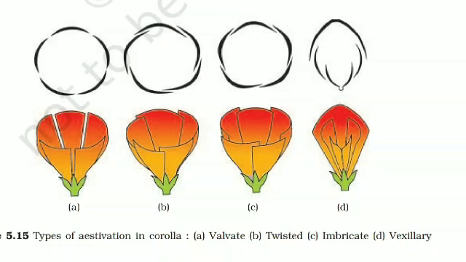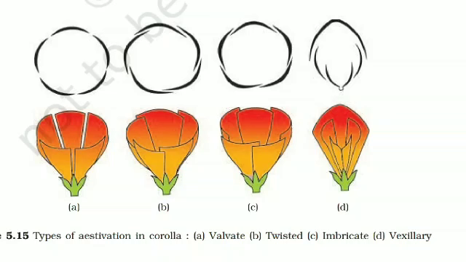In pea and bean flowers, we find a different type of estivation. There are normally 5 petals. The largest one you can see is overlapping the 2 lateral petals. The largest one is known as standard, and the 2 lateral petals which it is overlapping are known as the wings, and the wings in turn are overlapping the smallest 2 anterior petals. These are the keel, and this type of estivation is known as vexillary or papilionaceous estivation.